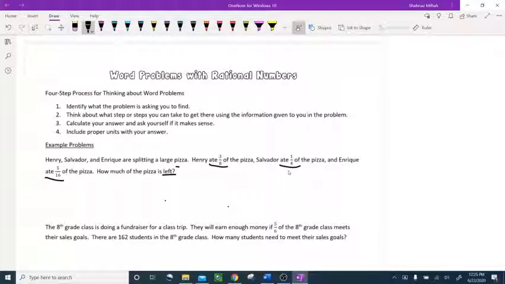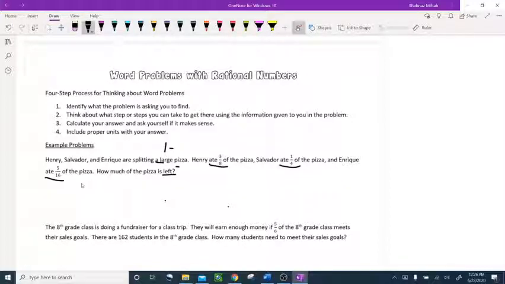So I'm subtracting from one large pizza all the pieces of the pizza they ate. But I can't just do one subtract 3/8, subtract 1/4 from one, and so on. I will add all the pieces that they ate and then subtract it from one large pizza and see how much is left.